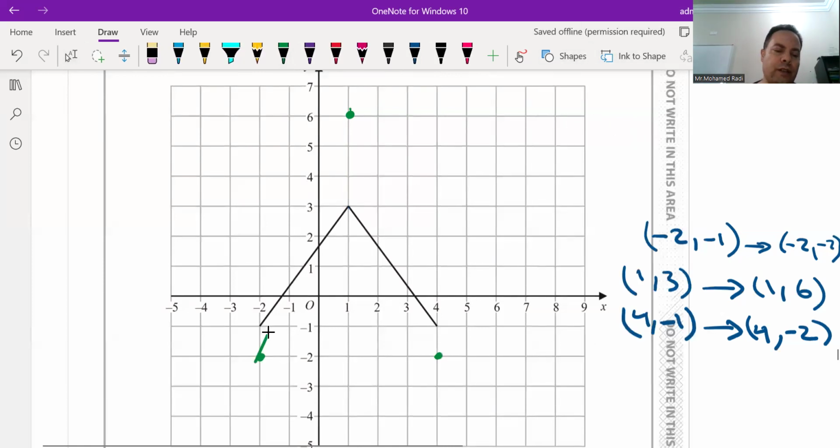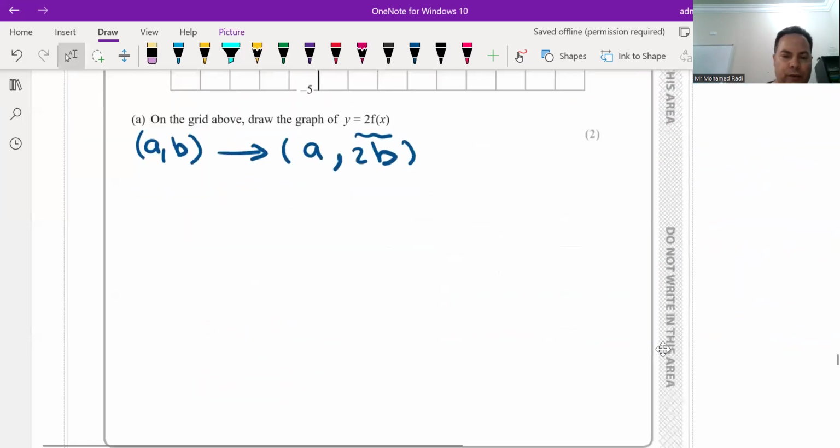Join this point with this point. This is the first line. In the same way, we join this point with this point. This is the new function: stretch vertically with a scale factor 2.